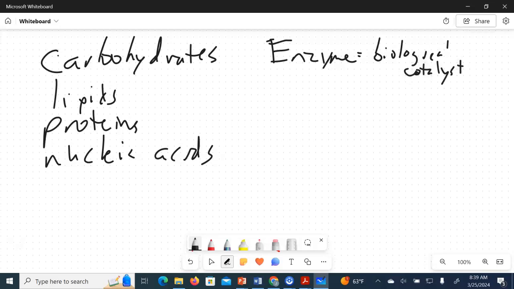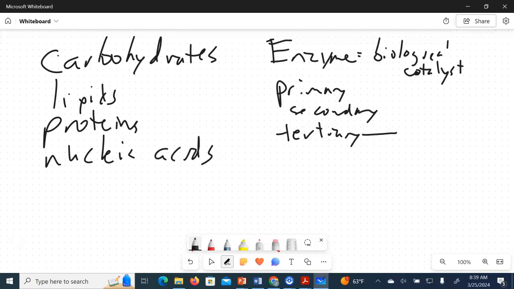It's a protein. And like all proteins, we have different levels of structure: primary, secondary, tertiary levels of protein structure.